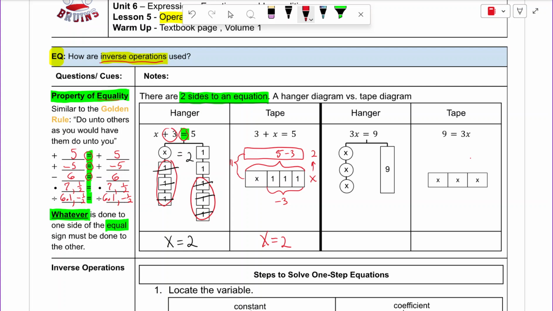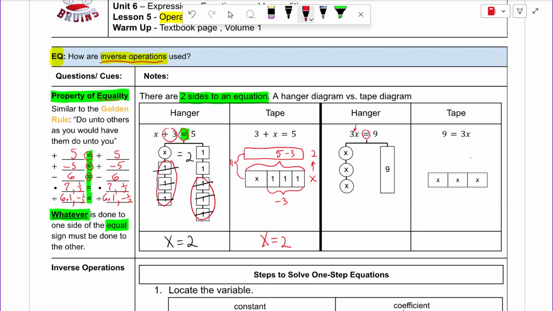Here's a hanger diagram with multiplication. We looked at these too. We have 3 x's hanging from the left side and the 9 hanging on the right side. And what splits the equation? The equal sign. Right? Well, we can see that between the 3 and the x means to multiply. And to undo that multiplication, we're going to have to take this 3 away on this side.